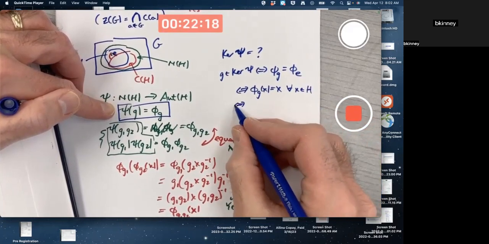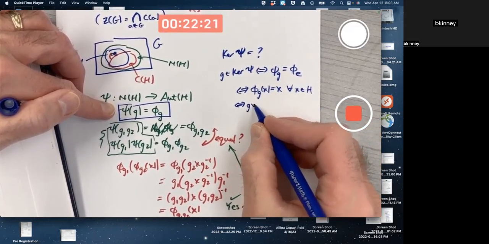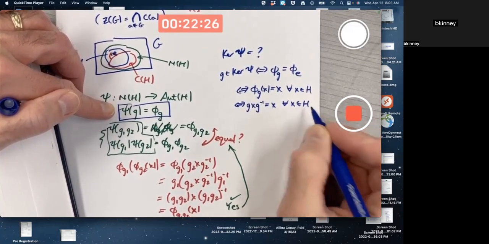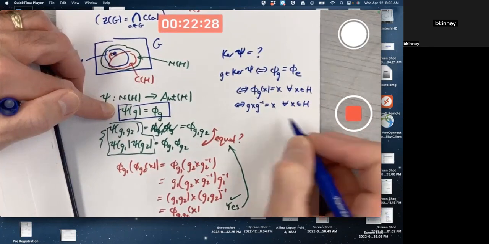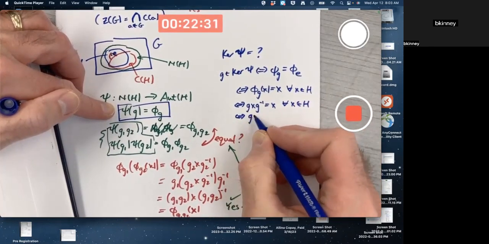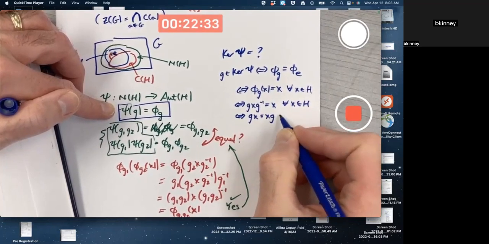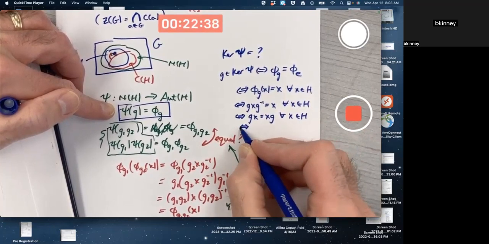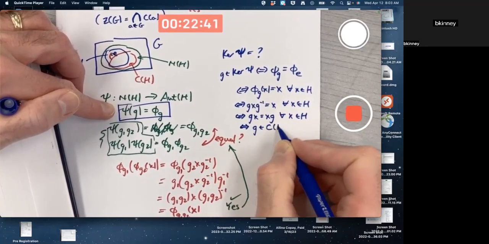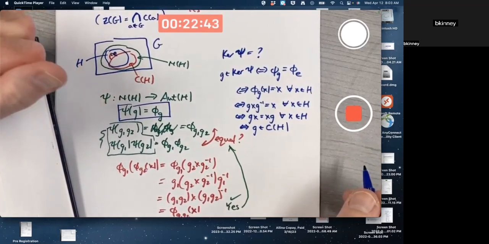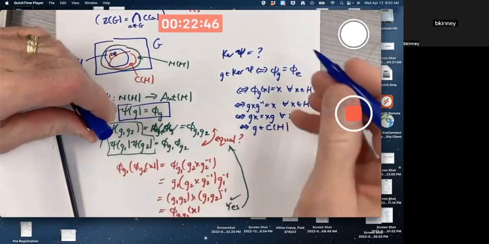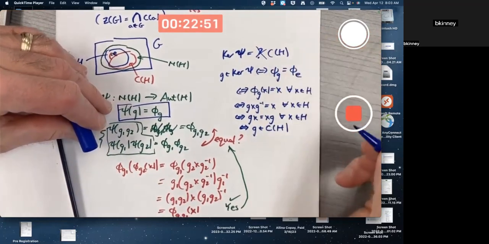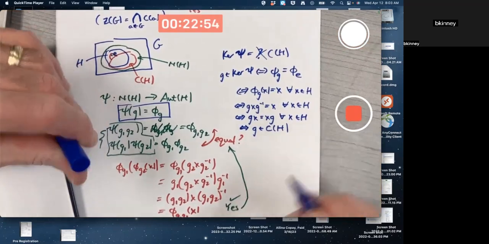But by the formula for phi sub g, that's the same as saying gxg inverse equals x for all x in H, which is the same as saying g commutes with everything in H. Same as saying g is in the centralizer of H. So let me cross off the question mark. The kernel equals the centralizer, just like the author claims.